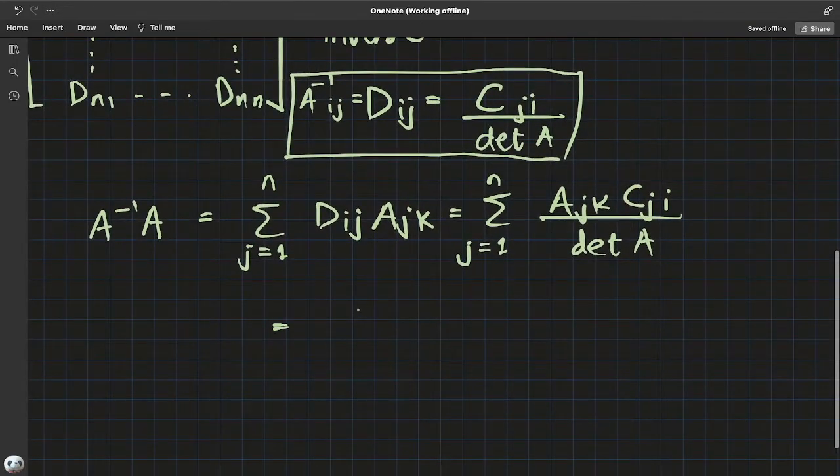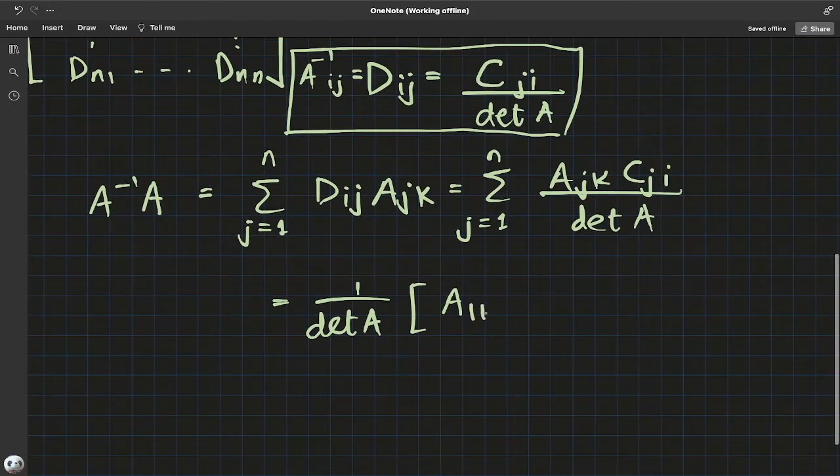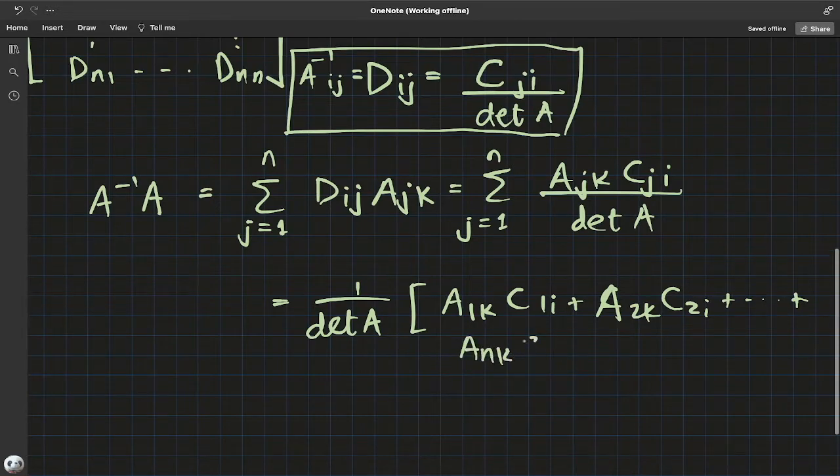And now if we just take the determinant of A outside and expand it for a few terms, 1k, 1i, 2k, 2i, nk, ni.